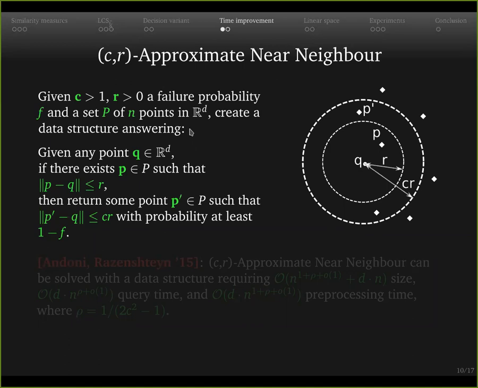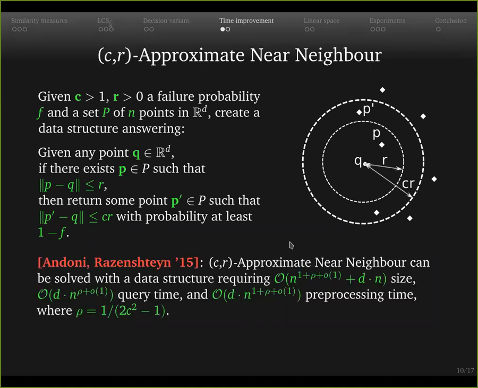And you must create a data structure that answers for any point Q in the dimension. If there exists P that is relatively close to Q, meaning at distance less than R, then you must return some point that is at distance CR of Q, with probability at least 1 minus F.